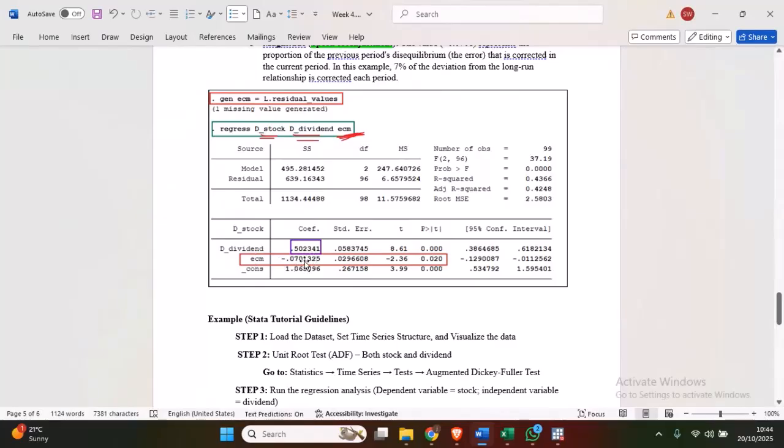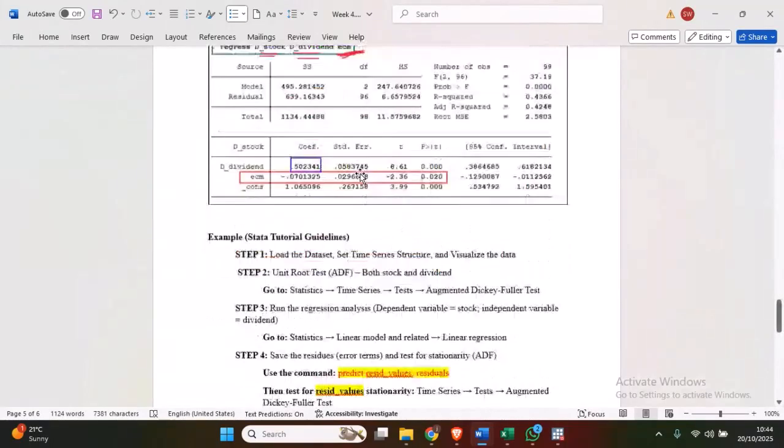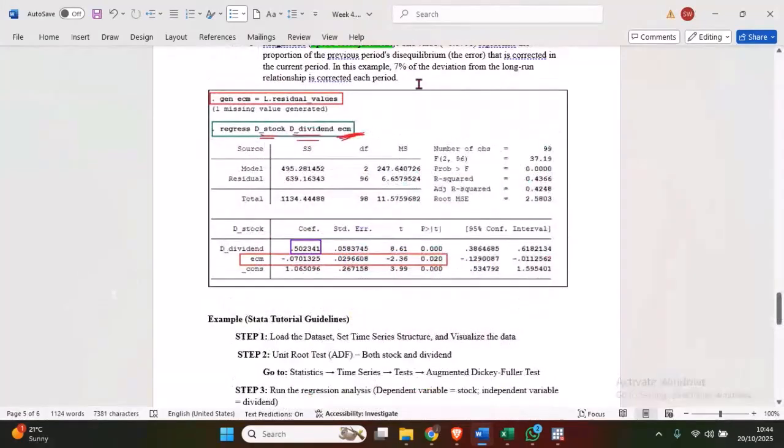You check whether it is negative and significant, and then you check the magnitude, where the magnitude tells us about the speed of adjustment. That is it.